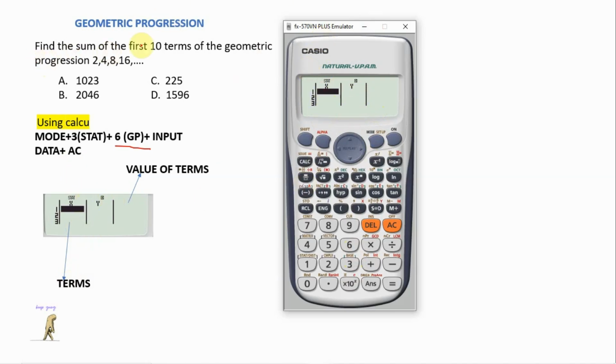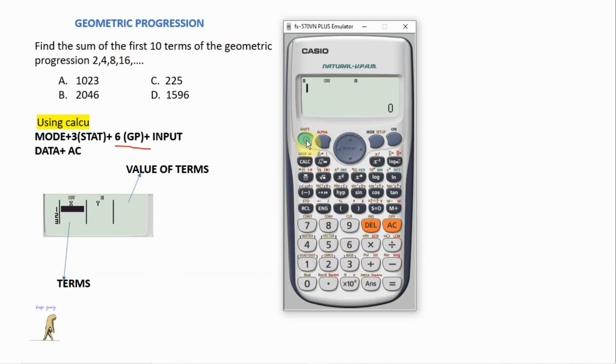So as we can see, we are finding the sum of the first 10 terms. So let's put our data first. The first term that we do have, the second term that we do have, a sub 2. The value of a sub 1 that we have is 2. The value of a sub 2 is 4. And then we press AC. Then in order for us to get this sum, we're gonna do what we did a while ago.